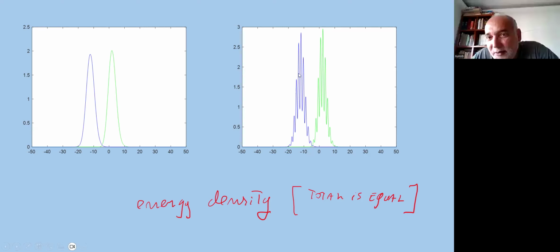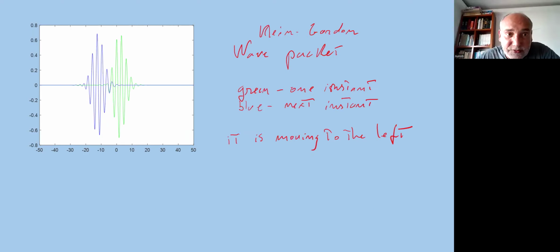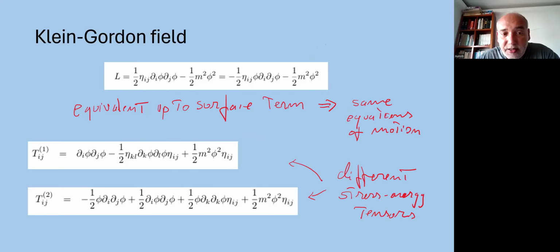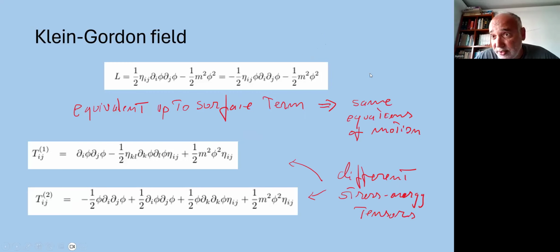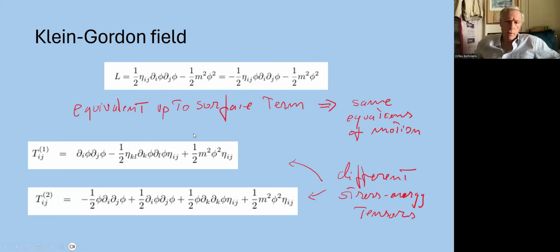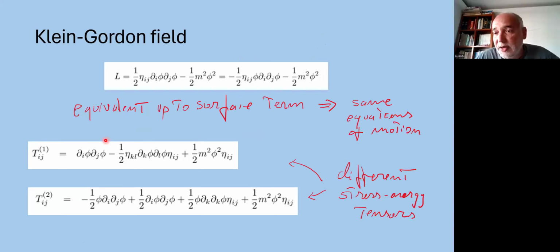But here the question is, between these two tensors, which one is the standard? I can tell you that number 1 is the one that comes out from general relativity, if you use that trick. You couple it with gravity. Yes, if you couple to gravity, this is the one that comes out. But the thing is that we are not talking about gravity here.